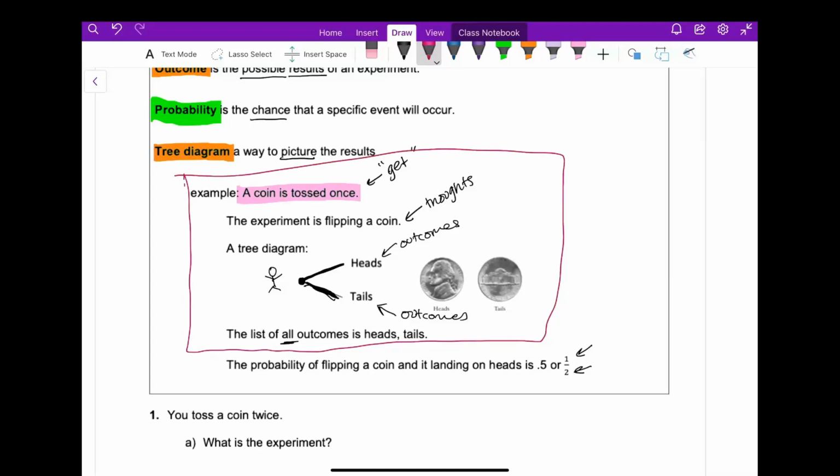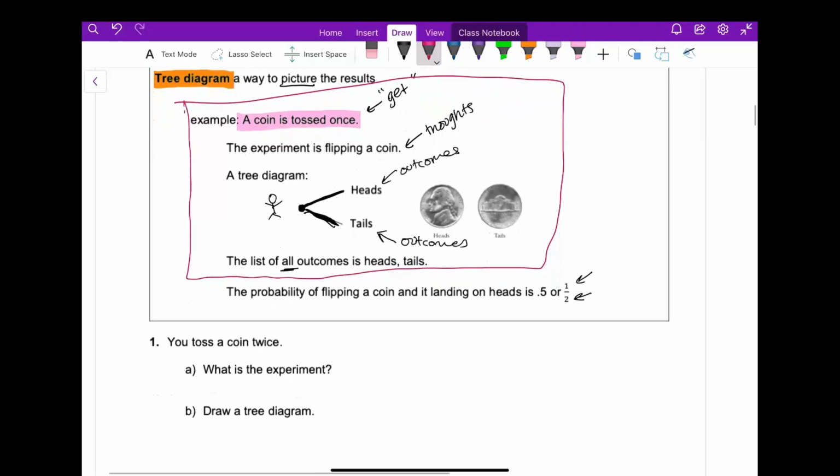All right, so let's try some of our own. It says you toss a coin twice. What is the experiment? The experiment is flipping a coin twice. Let's go ahead and draw a tree diagram.